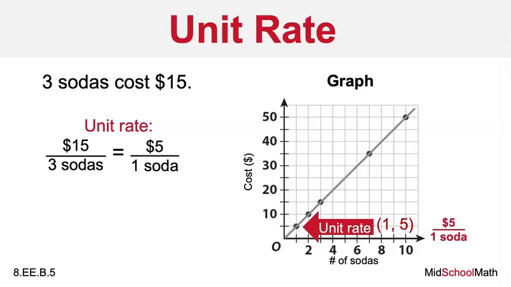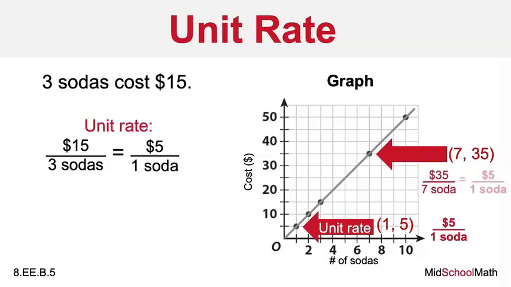Technically, we can use other points too, but we have to simplify. So if we use this point here, (7, 35), we divide $35 by 7 sodas to also give us $5 per soda.